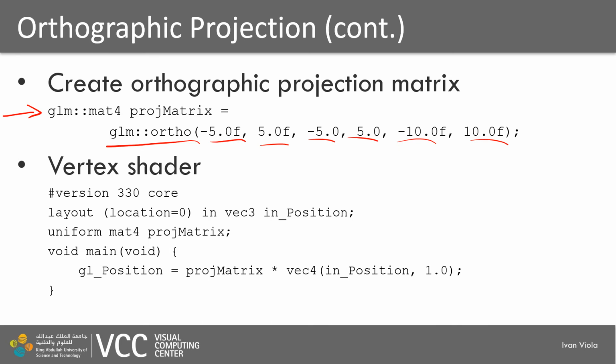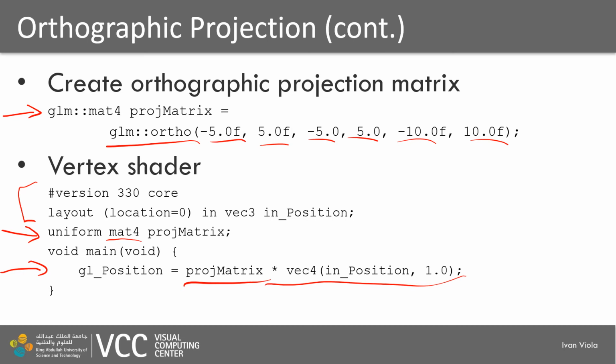So we already know what these parts of the code mean, and now we have this uniform, which is of type mat4, a 4 by 4 matrix, and the projection matrix, which we have filled on the host side, is here available in the vertex shader through this uniform. And what we will be doing with it, we will be simply performing a multiplication of the projection matrix with our vertices.